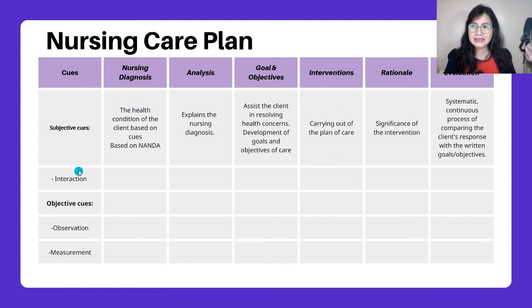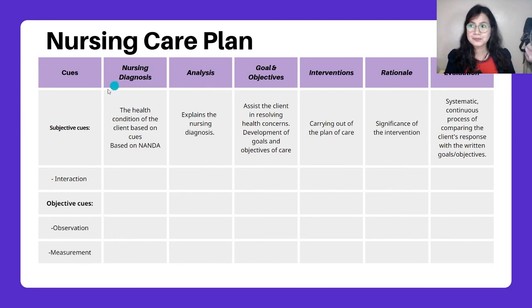The health assessment is reflected in the first column, and it includes the subjective cues and objective cues. For the subjective cues, you have the interaction. This is what the client told you. Objective cues, on the other hand, include both observation and measurement.